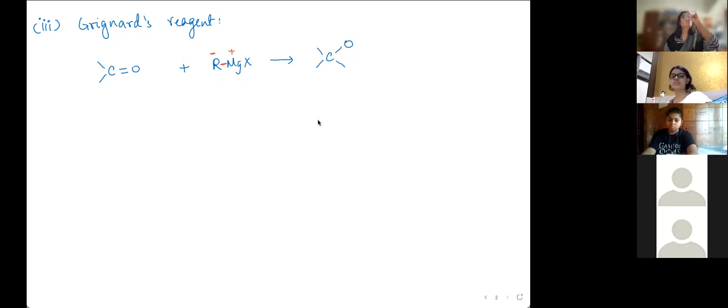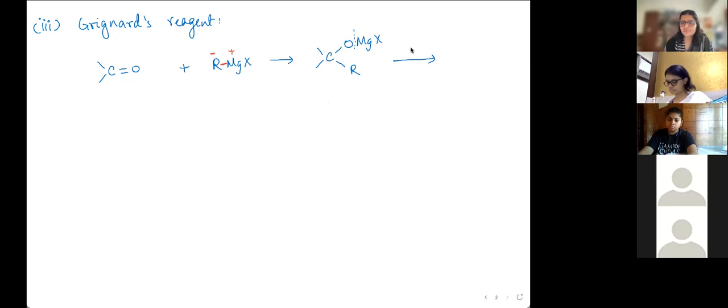You will get something like a cyanohydrin, only that there'll be MgX attached to the O and R will be attached to C. Yes. Okay. So this on hydrolysis, you treat it with any base. Again, ionic covalent, magnesium will want to break away at the slightest provocation.